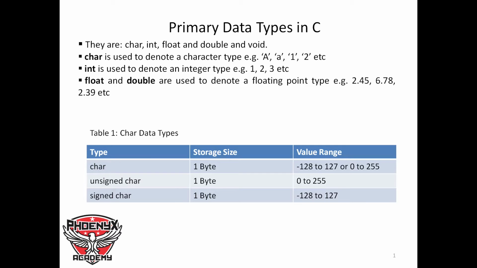We have the unsigned character, which is 1 byte, meaning 8 bits, with a value range of 0 to 255, and the signed character, which is also 1 byte, with a value range of -128 to 127.